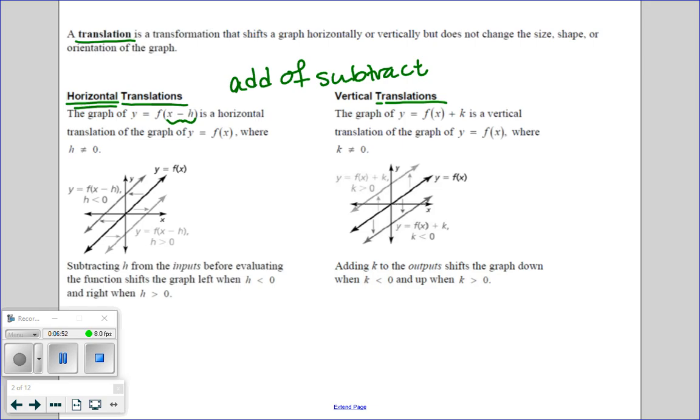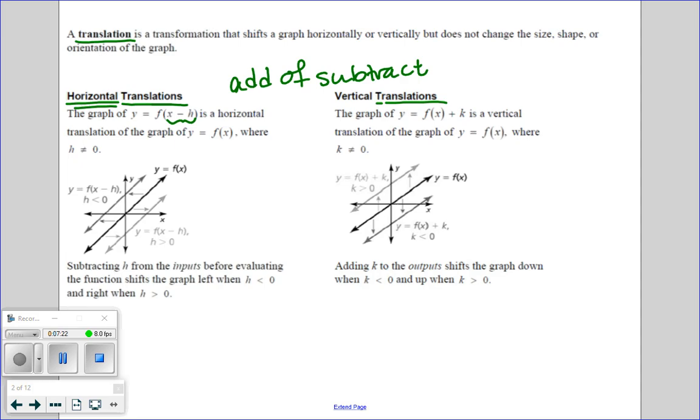Okay? So if you see it happening inside of the function notation parentheses, you know that it's affecting your x input, your domain. And that's the x-axis, and the x-axis is horizontal. So you can expect to see horizontal changes every time the change is happening inside the grouping, that parentheses, okay?